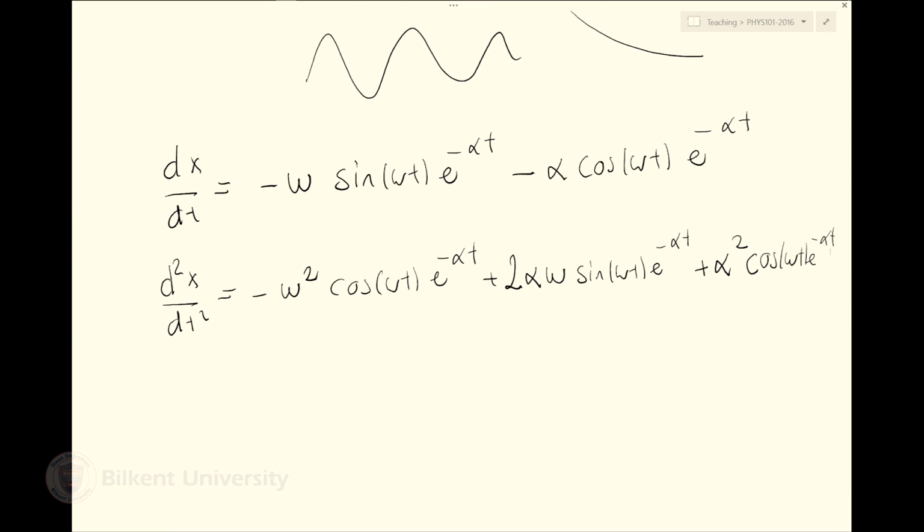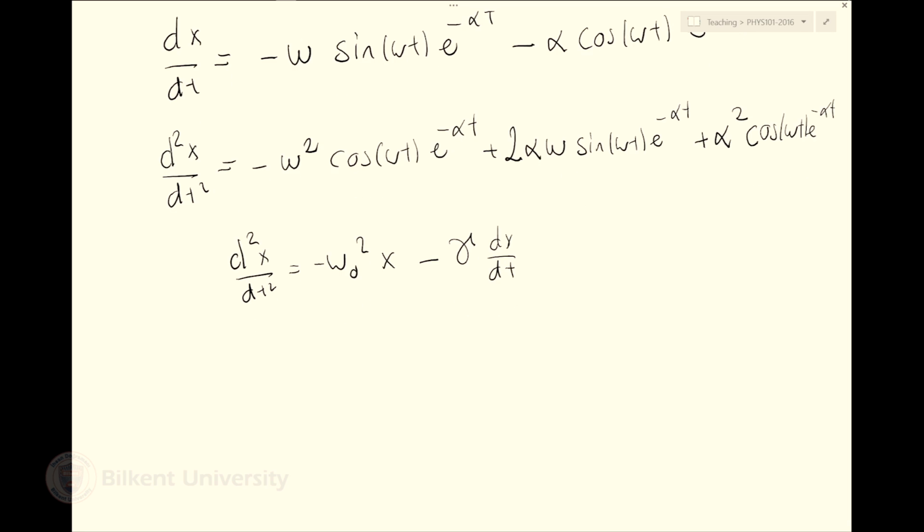Let's try to put this into our differential equation. What was our differential equation? Omega 0 squared x minus gamma dx dt. So the second derivative has two kinds of terms.